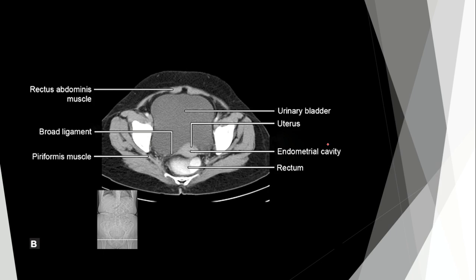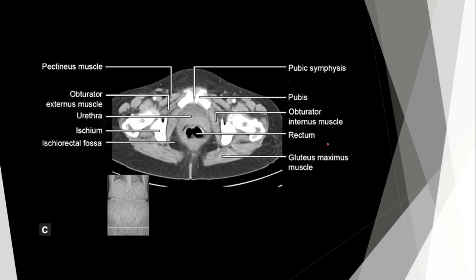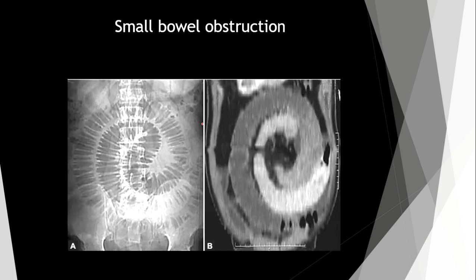If you see this picture, you must read every organ, make a pause and try to remember this picture, because this is normal. As you see here, the rectum is filled with gas. And we go next to the pathology.